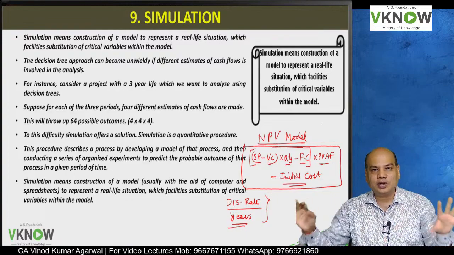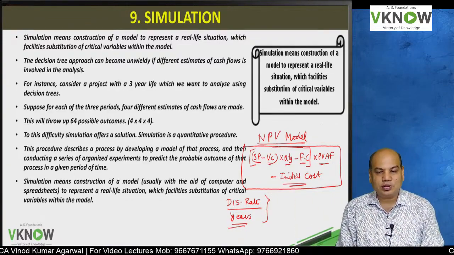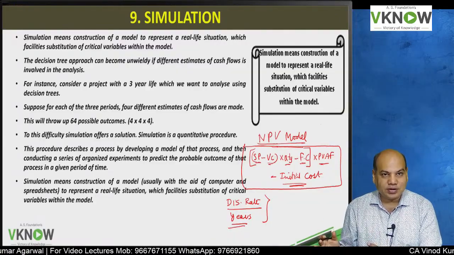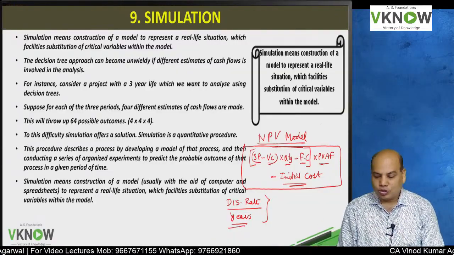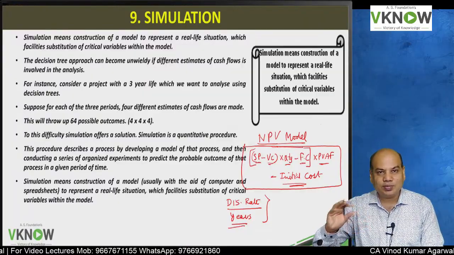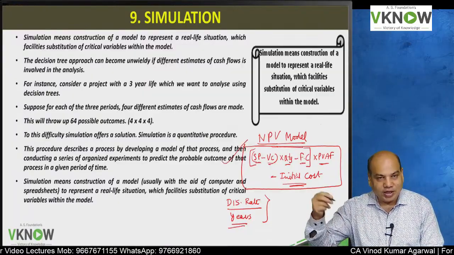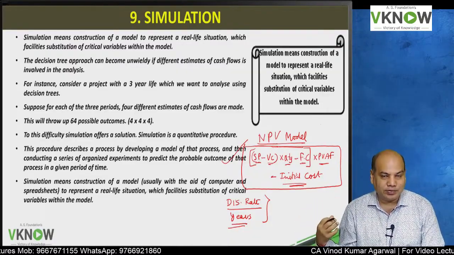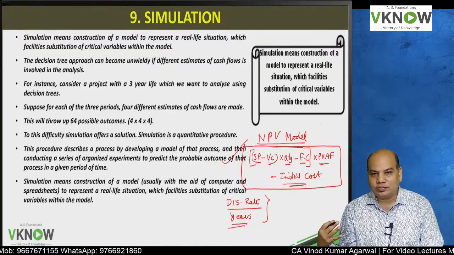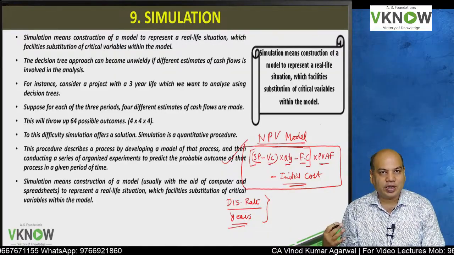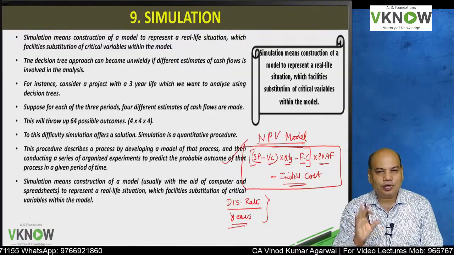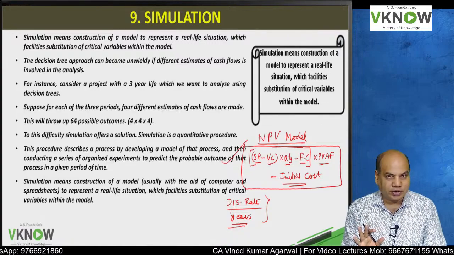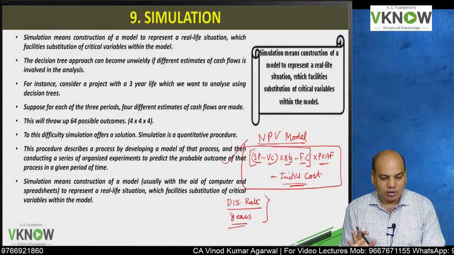So I am going to apply a simulation model by changing these different possible parameters and see what the outcome will be. Basically you are going to test the model by changing variables again and again, multiple times, and see what your NPV is. After doing tens and hundreds of trials, if you find that your average NPV is positive, you may decide to go ahead with the project. That is how the simulation model works.